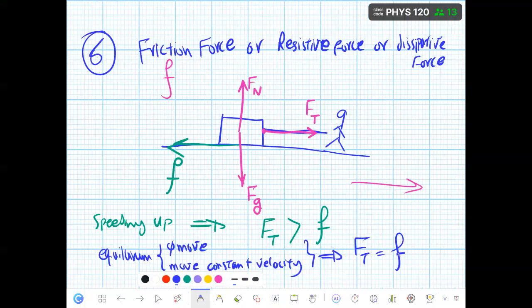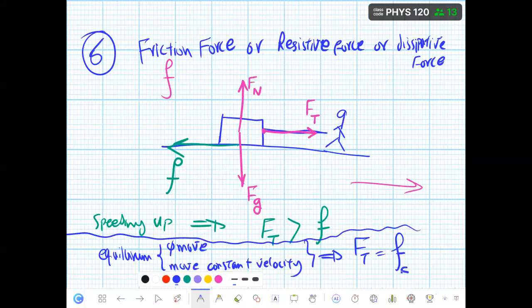So we have two kinds of friction. Let me just separate these two. If the system is in equilibrium, we have a static friction.